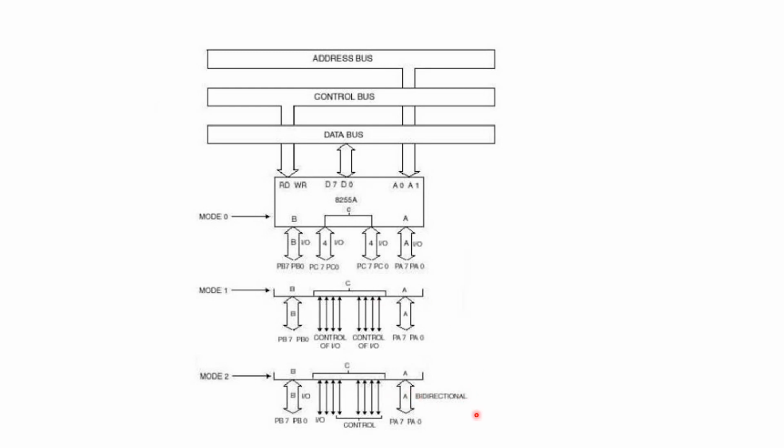And mode 2 applies only for group A. Port A can be used as a bidirectional port. Both input and output ports will be latched, and port C can be used for handshaking. So this is a summary of the three modes under I/O modes.